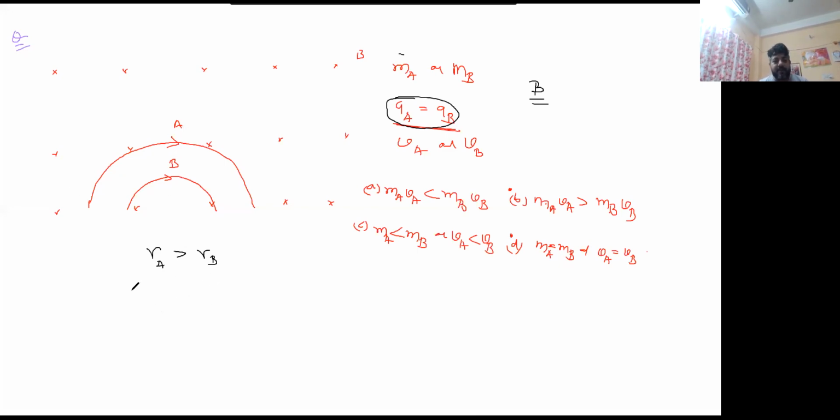Mass of A, velocity of A, charge of A and charge of B are equal, greater than mass of B, velocity of B. As both charges are equal, they are useless. So it is very clear MA VA is greater than MB VB. Yes or no? So yes, B is the right answer.